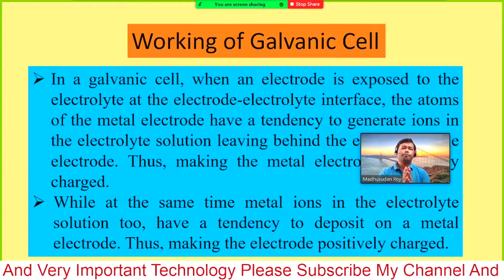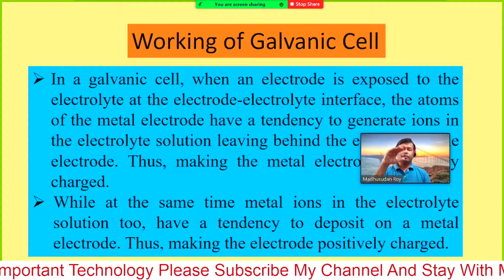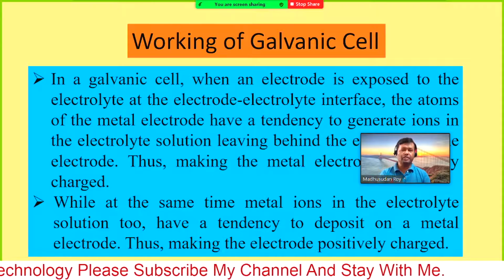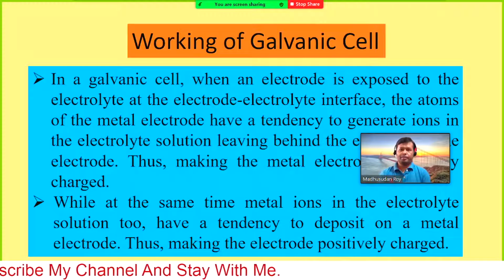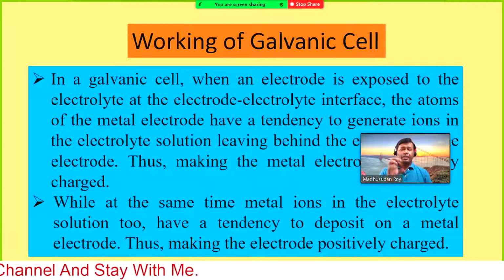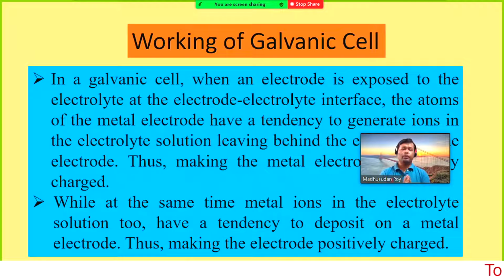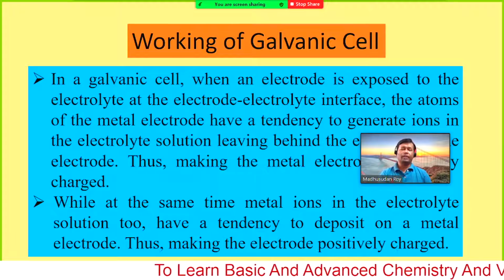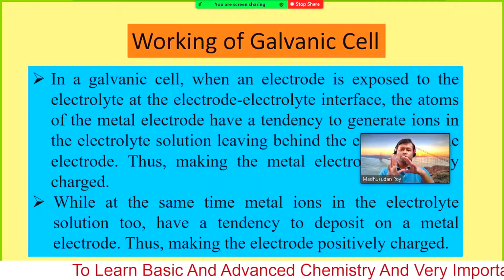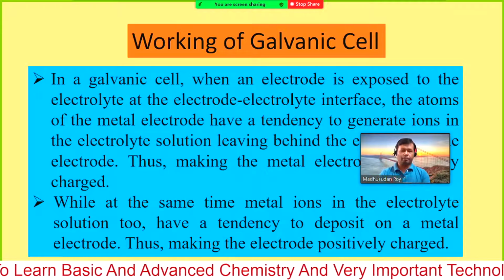If a metal is at the top of the reactivity series, then it can donate electrons very fast. If we have two different metals in a cell, using two different electrodes, and we connect them by a wire, one metal can donate electrons faster comparatively.